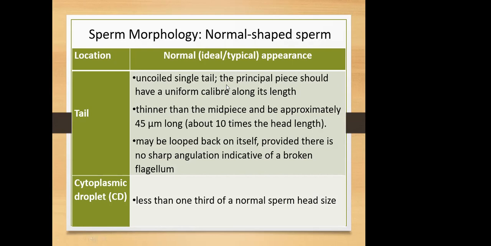So you already know the head, you already know the neck and the midpiece, you already know the tail. What you may not know too much about is a cytoplasmic droplet, which we are going to discuss extensively.